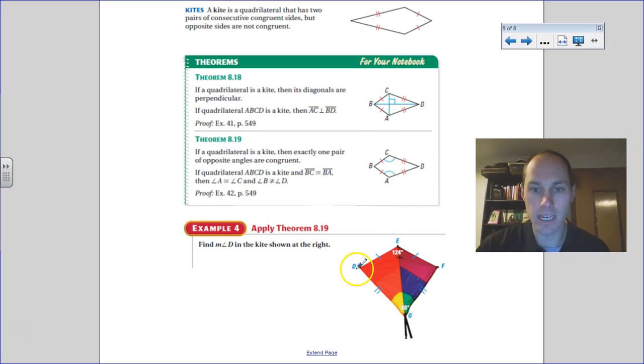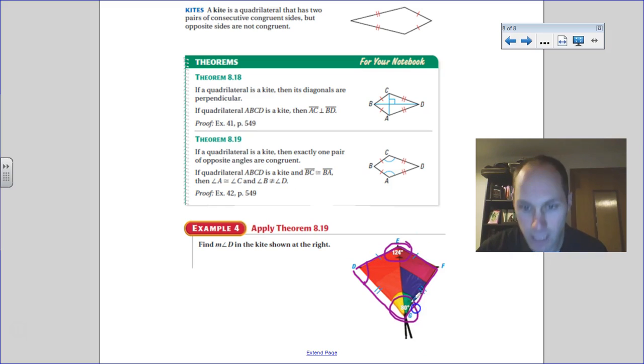So if we look at this kite, they actually put a real kite in there. That was nice of them. And we want to find the measure of angle D. Well, we know that this angle up here is 124, and this angle is 80. And it's a quadrilateral, so there are 360 total degrees. And I know if it's a kite, I'm going to have one pair of opposite angles congruent.